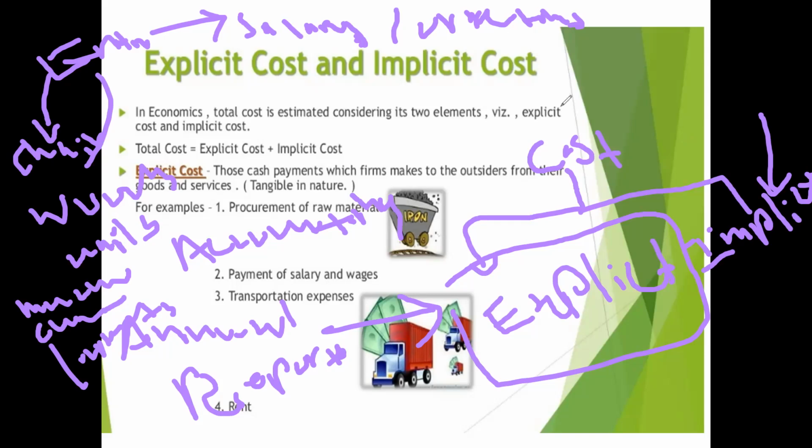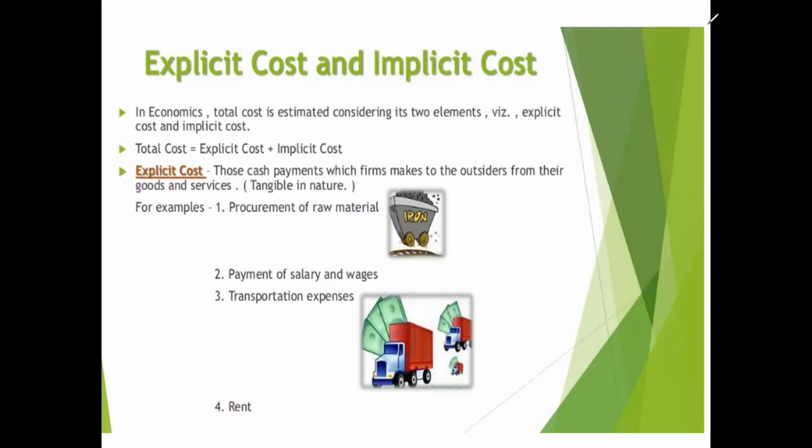But in economics, when we are taking economic decisions, we have to consider not only the explicit cost, but also this implicit cost as well, right? In economics, total cost is estimated considering two elements, two types of costs. Those are explicit cost and implicit cost.